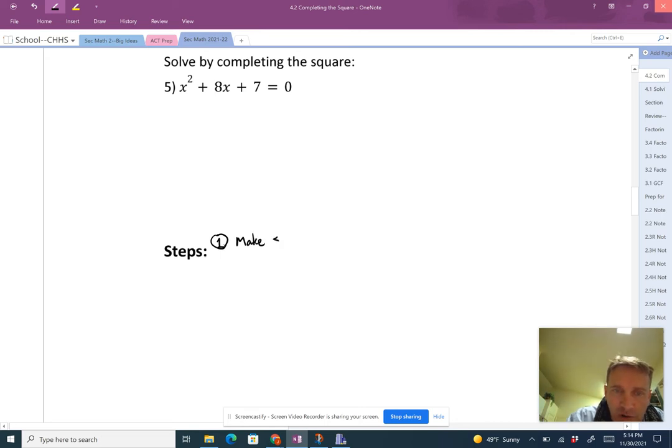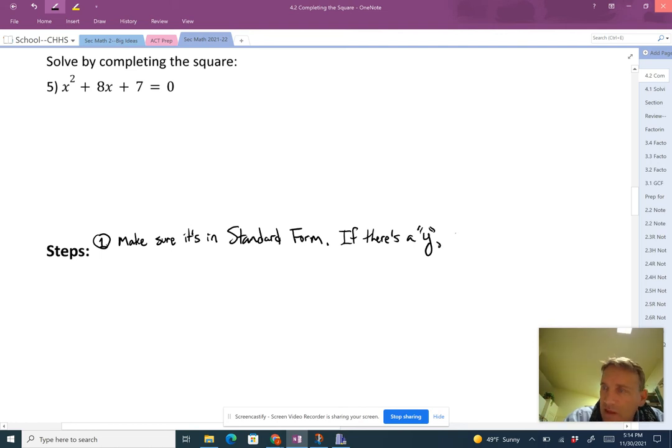Make sure it's in standard form. And if they've got a y in the equation, set y equal to 0.